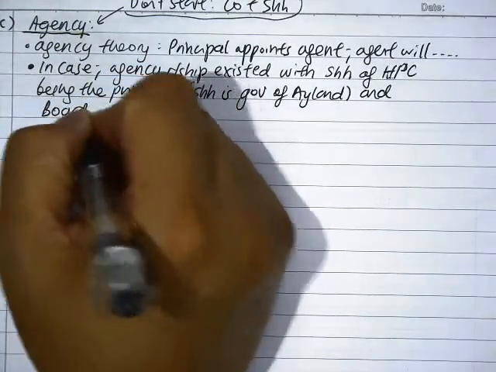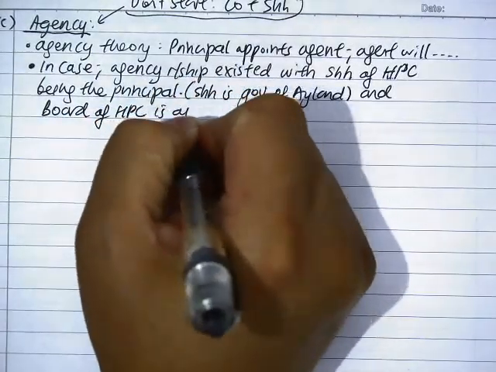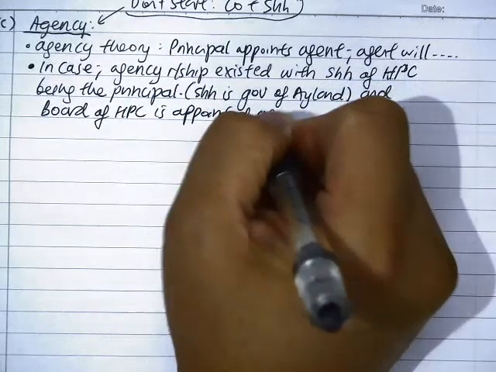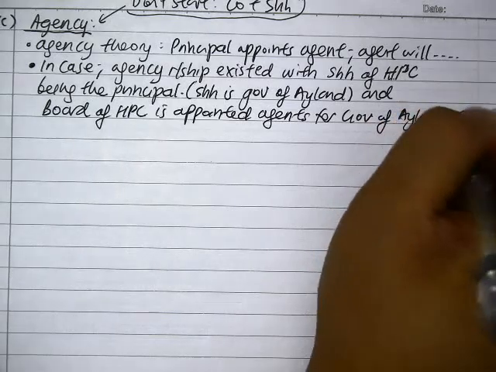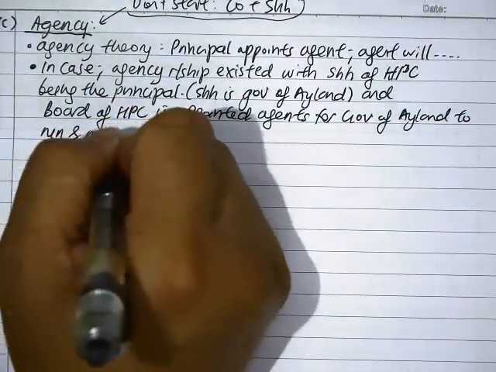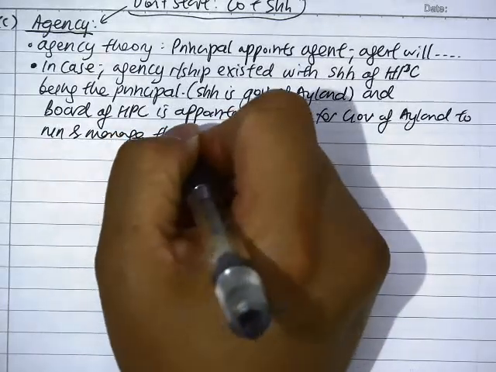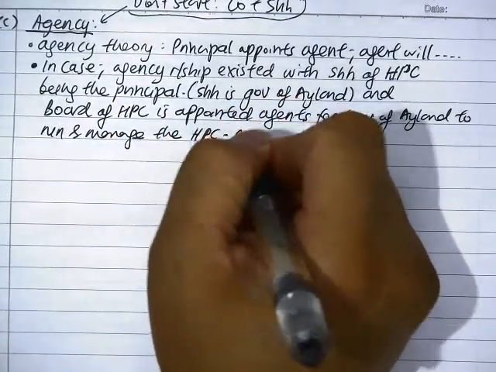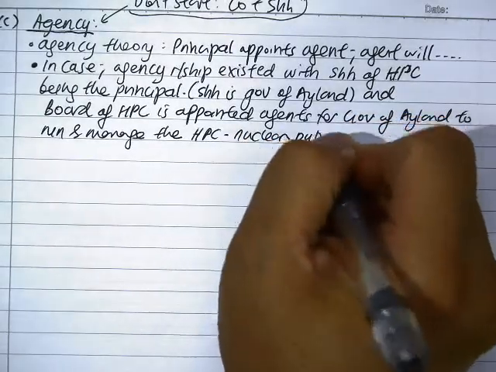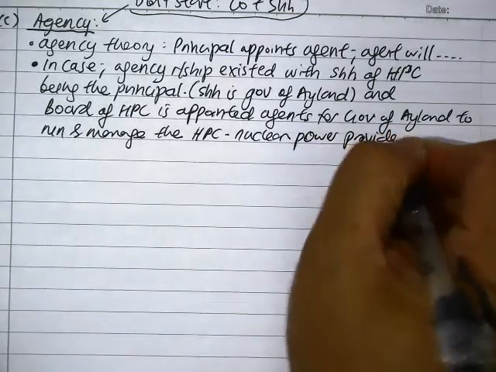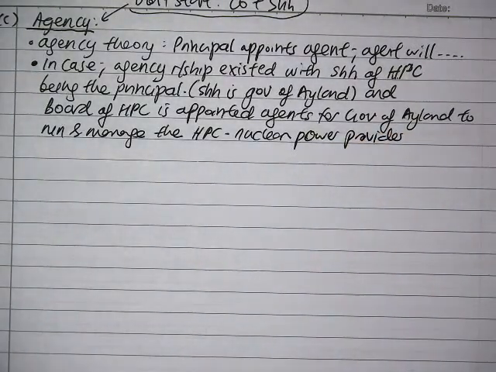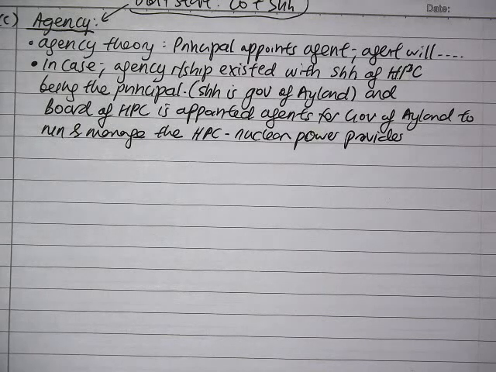And the board of HPC is the appointed agent for the government of A-Land to run and manage HPC, the nuclear power provider. So you have to answer two parts. Okay, you have to answer two parts. You cannot just go in and start telling me company shareholder.